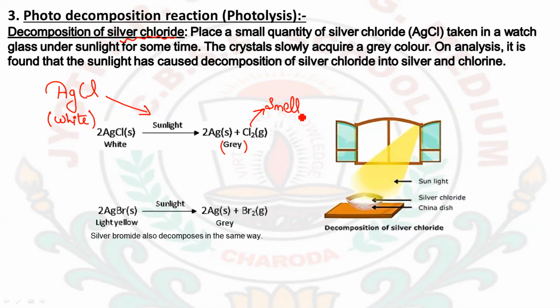A pungent smell is there near to this china dish. So this reaction shows the decomposition of AgCl or silver chloride into its constituents, which are silver and chlorine gas.